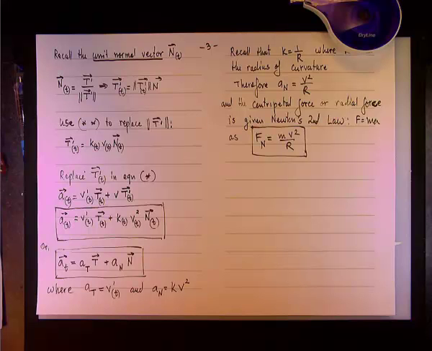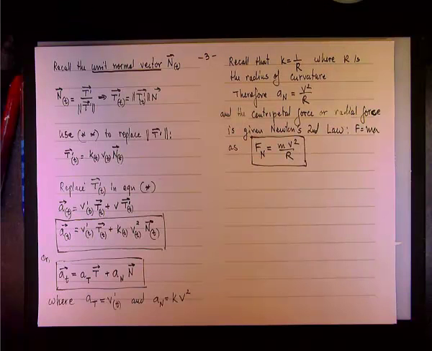F equals ma, as F in the normal direction equals m v squared over r. I'm sure you've seen this, and I think last time I took my belt and showed you.